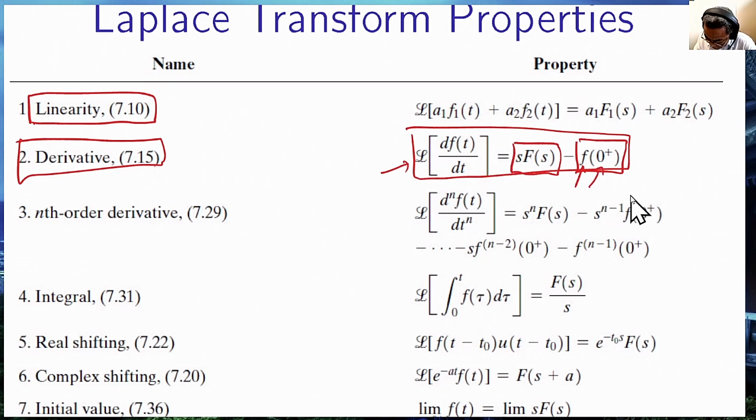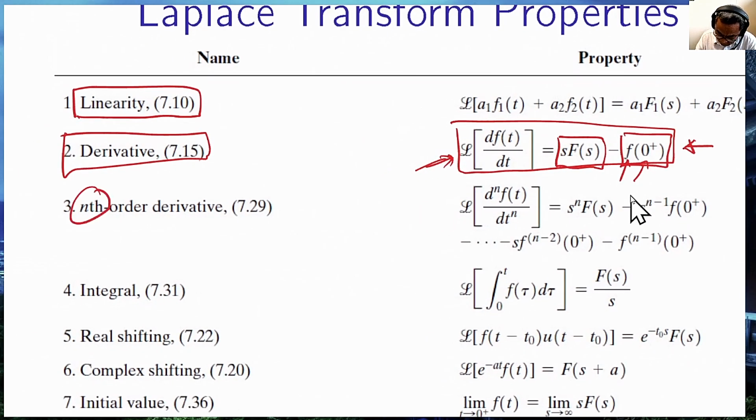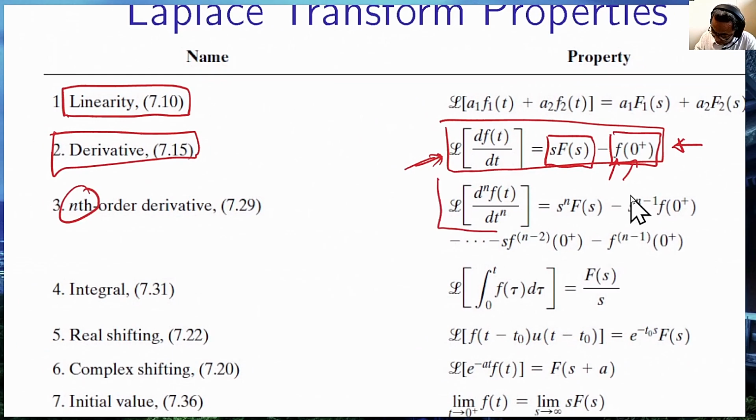So we convert a differentiation or differential equation into an algebraic one. So that's the cool idea. That's the first differentiation. If we have nth order differentiation, then we have this expression over here.